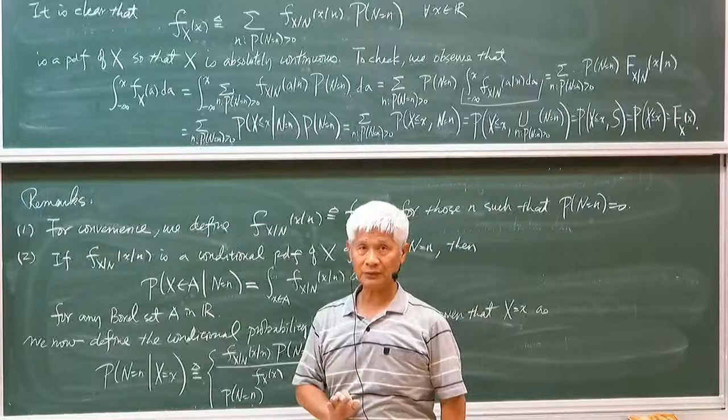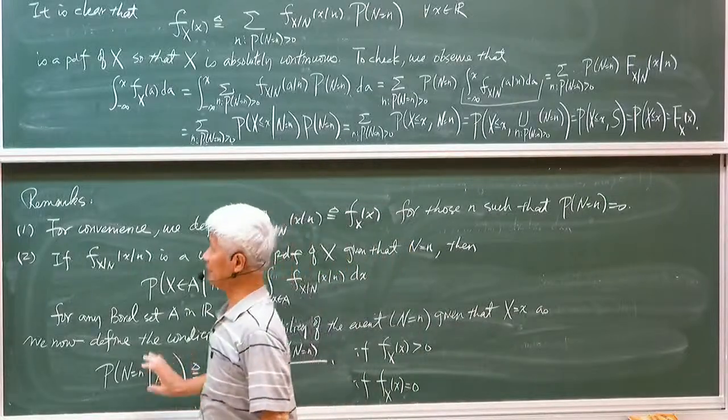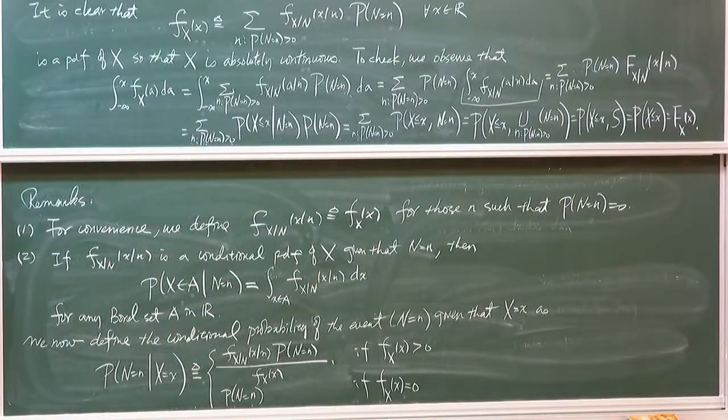So we have to check that this definition is successful. How do we check that? We have to check that with this definition, we can establish this identity.